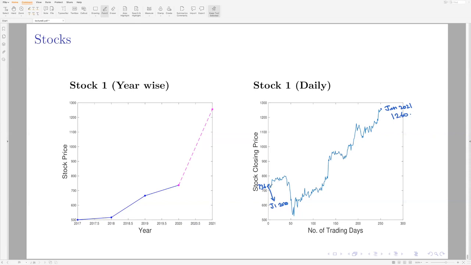So you can see that it was not growing monotonically along a straight line. It also had many downs and ups. Because of the COVID factor, it fell very much, but then it picked up and went very nicely. So this is a nice story, but not every story is nice. If you would have chosen a bad stock, it might have happened the other way.